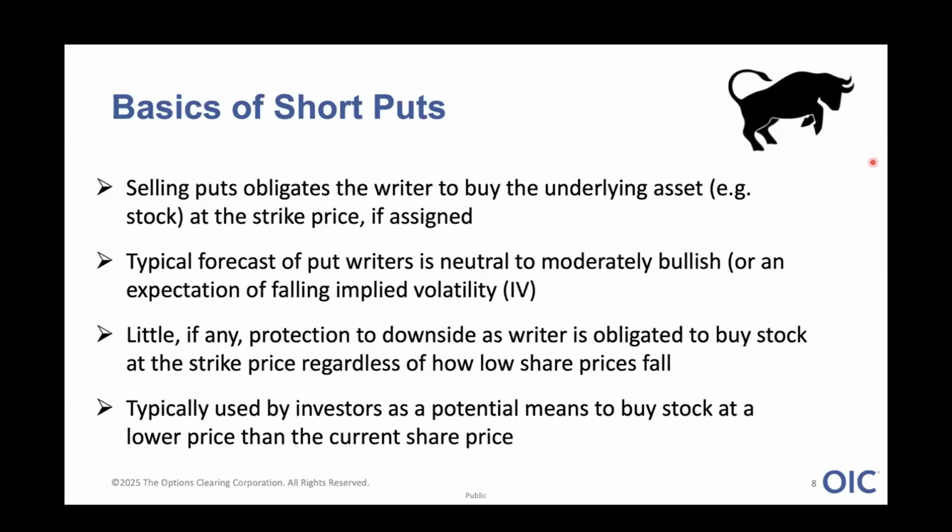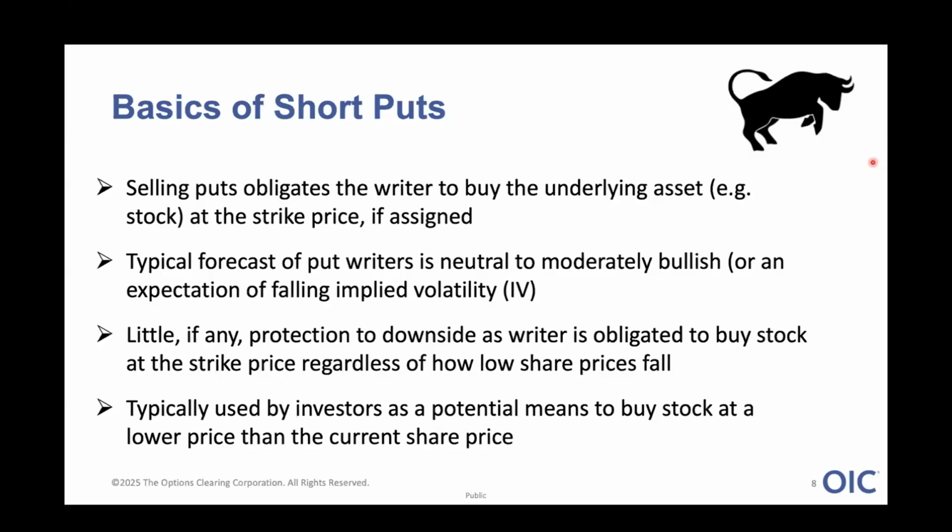I don't know how many other businesses where you can actually become the insurance company, but this is one of those instances where you get to become the insurance company. Sell puts to somebody else, take in that premium income. Now you're also obligated to buy those shares at that strike price should the person who holds the put decide to exercise.